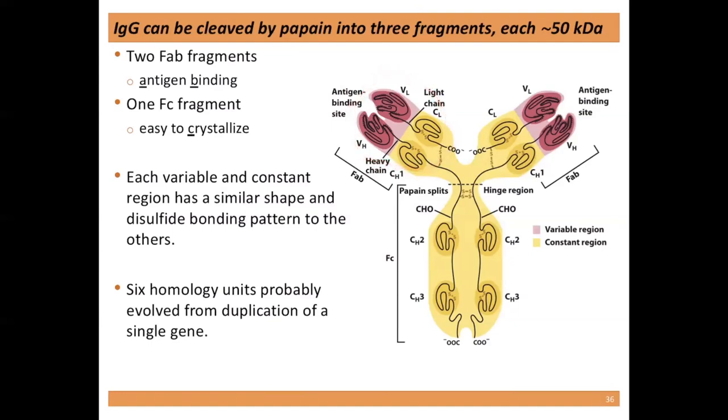Now, we said that it's composed of 2 identical light chains, and here's the light chains here. And then the heavy chains, like I said, extend down. Here's the N-terminus of each of those, the N-terminus of the light chain and the N-terminus of the heavy chain. And this is what's referred to as the variable region or the antigen binding region. And then you have some conserved regions in the chain.